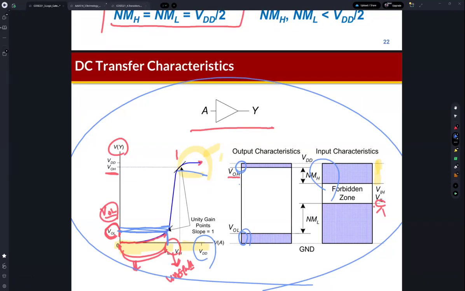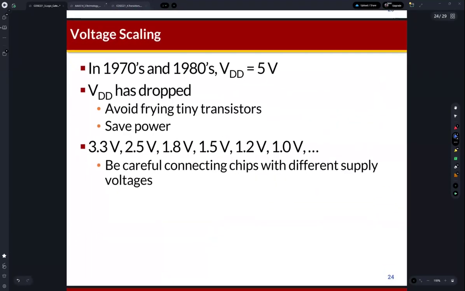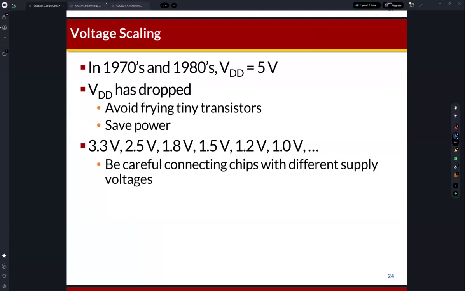Okay, let's move to another topic, voltage scaling. I mentioned that the systems are electric devices, which means that we need to provide the supply voltage. For modern CPUs, the supply voltage level is around 1 volt, but it was higher for older generation CPUs.